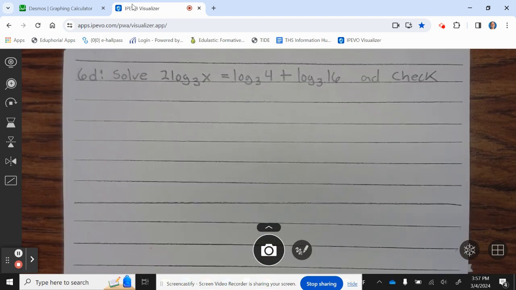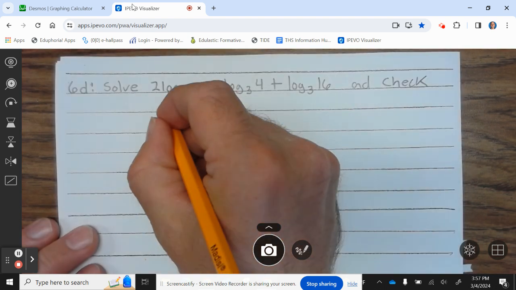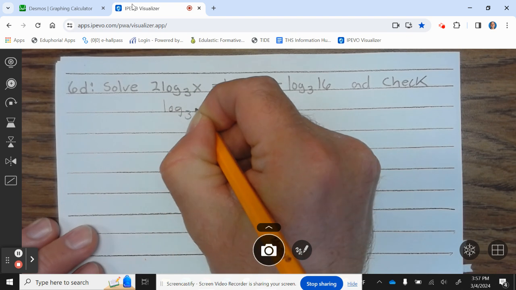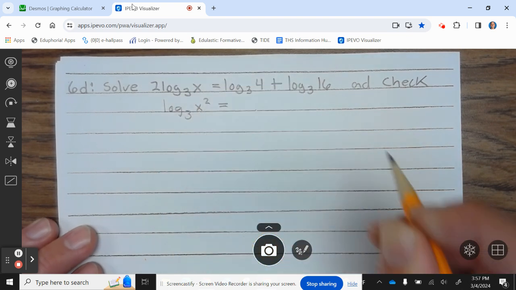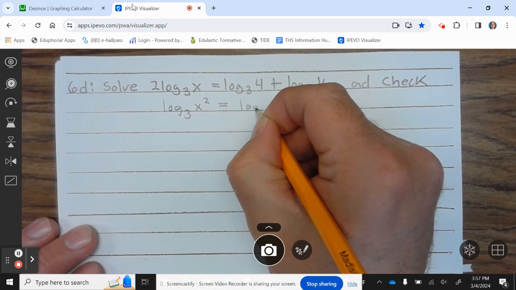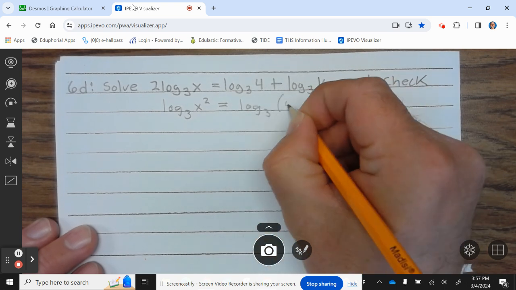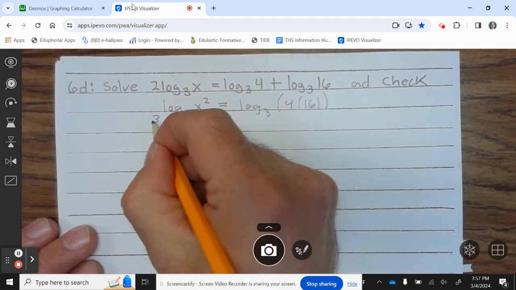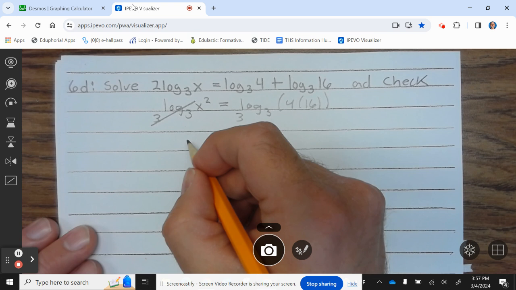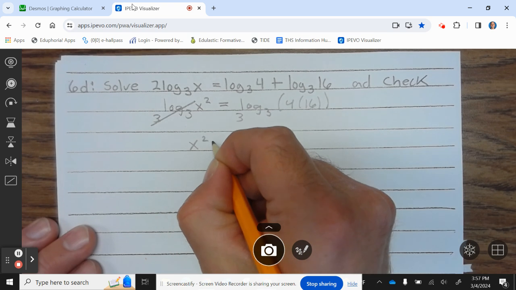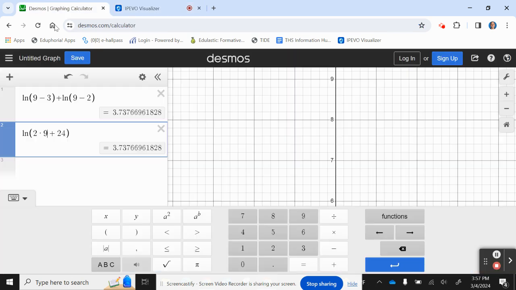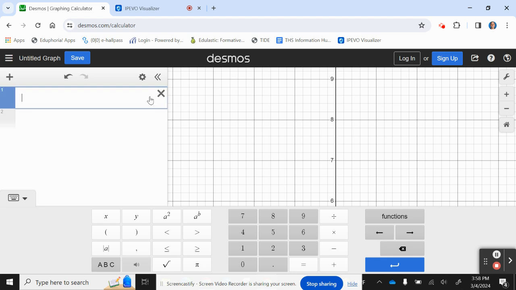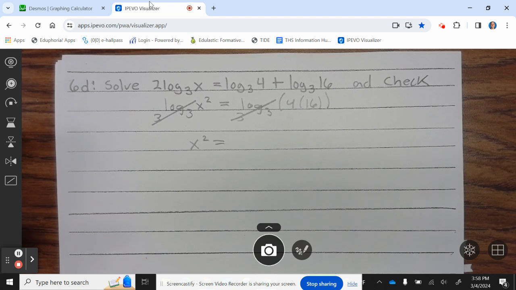All right, 6d. So we're going to rewrite this as log base 3 of x squared equals log base 3 of 4 times 16. Raise both sides by 3. Cancels, you get x squared equals 4 times 16, which we can use our calculator, is 64.